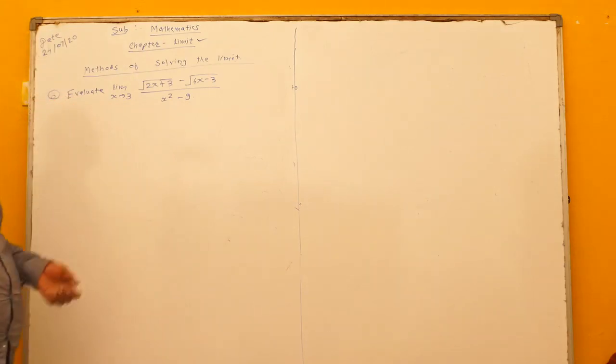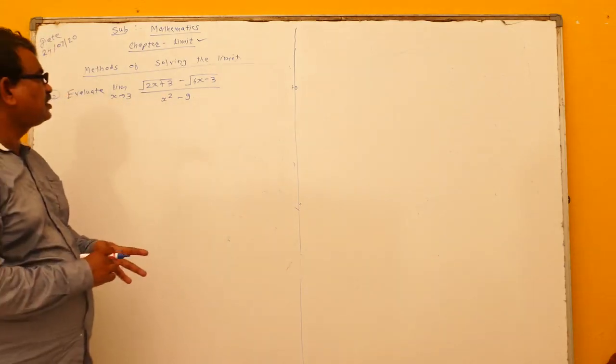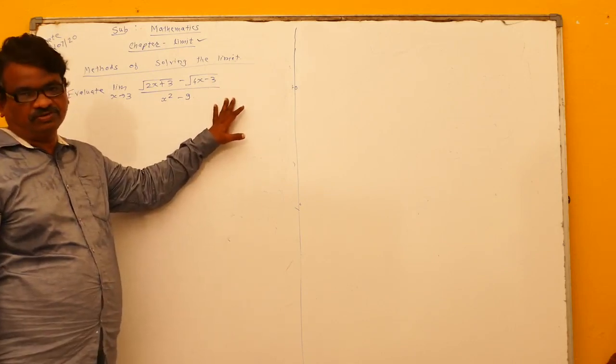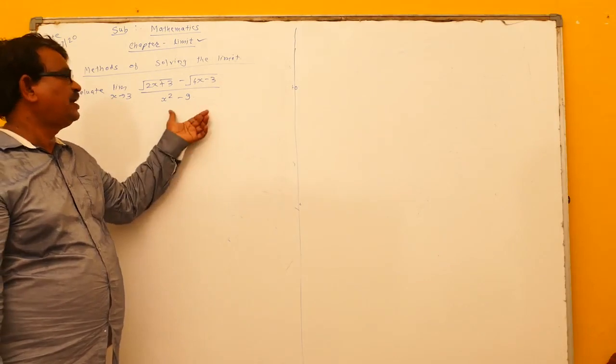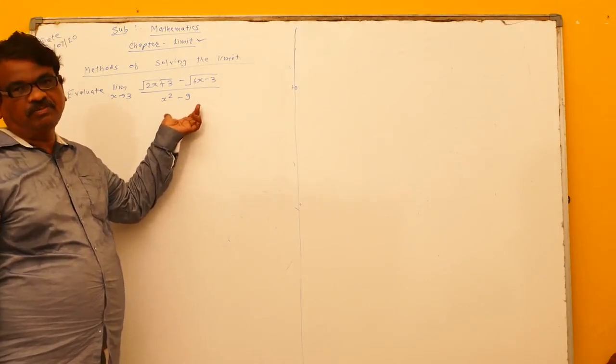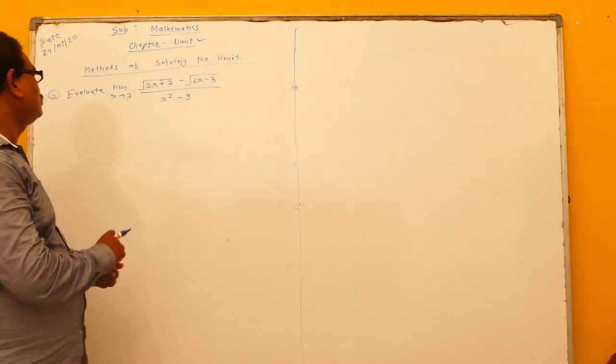So in this example, both the factorization and the rationalization method are used, because the numerator is given in the irrational form and the denominator is given in the factorized form. Okay, so it must be factorized.